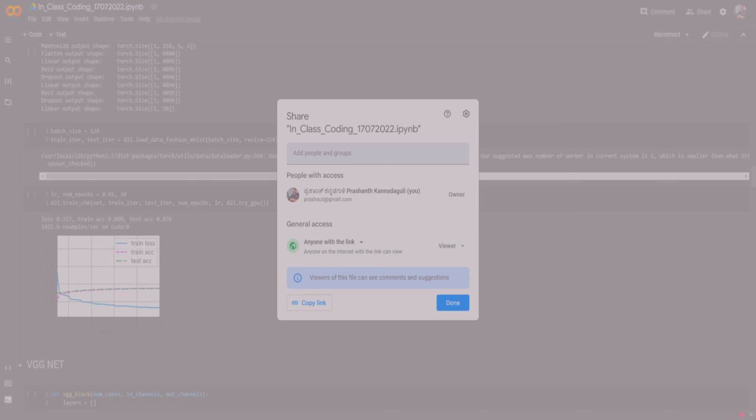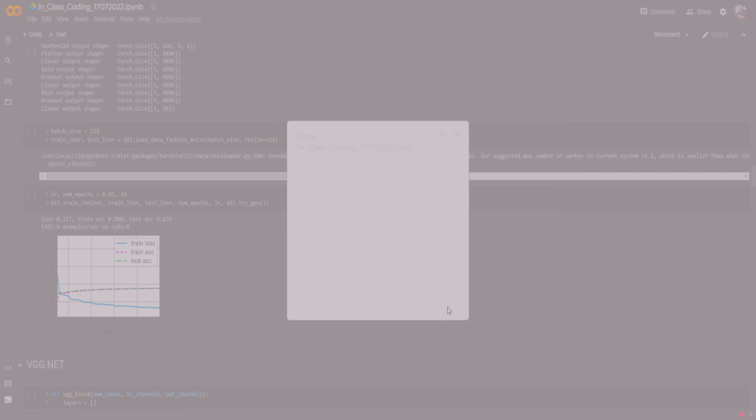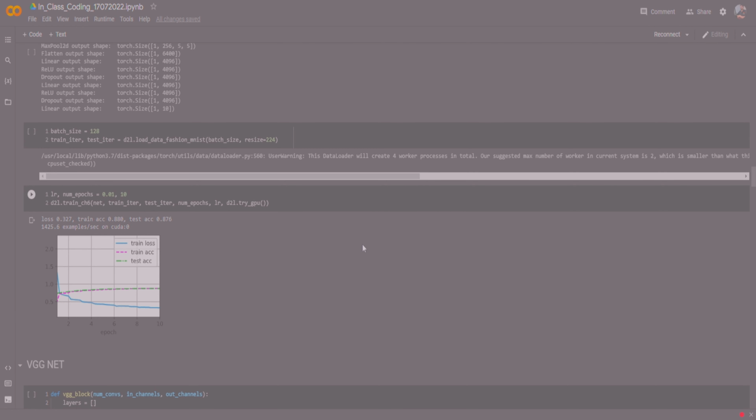Yeah, that's a good suggestion. Thank you, Jyoti. Everybody, please try to run it on your system. Try to connect to GPU. Don't connect to the CPU version. Connect to GPU. That will run faster.